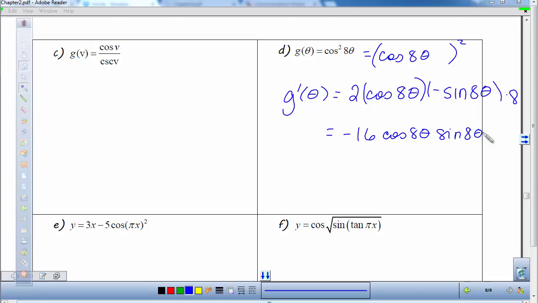We could use the double angle formula. I'm just trying to prepare you for whatever you might see. Hopefully if you did this on the test, I'd be thrilled. Let's just leave it at that. Questions about this?